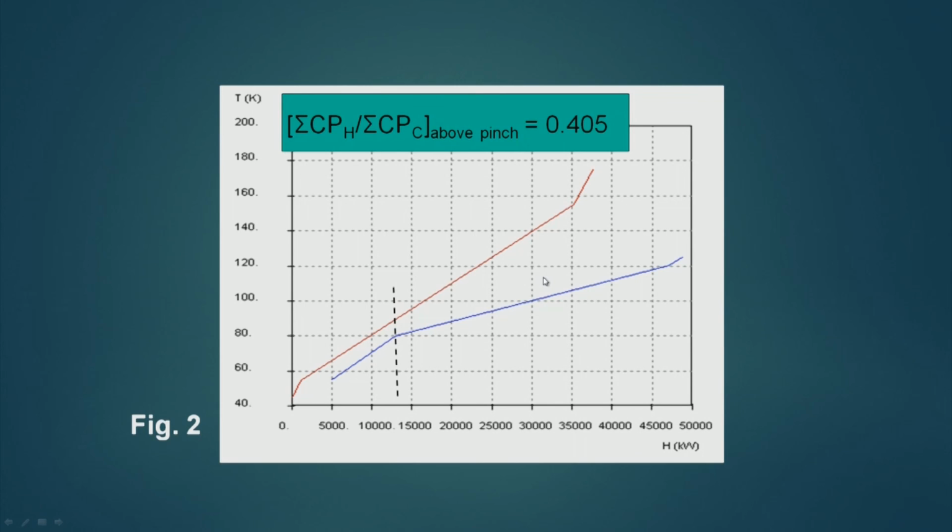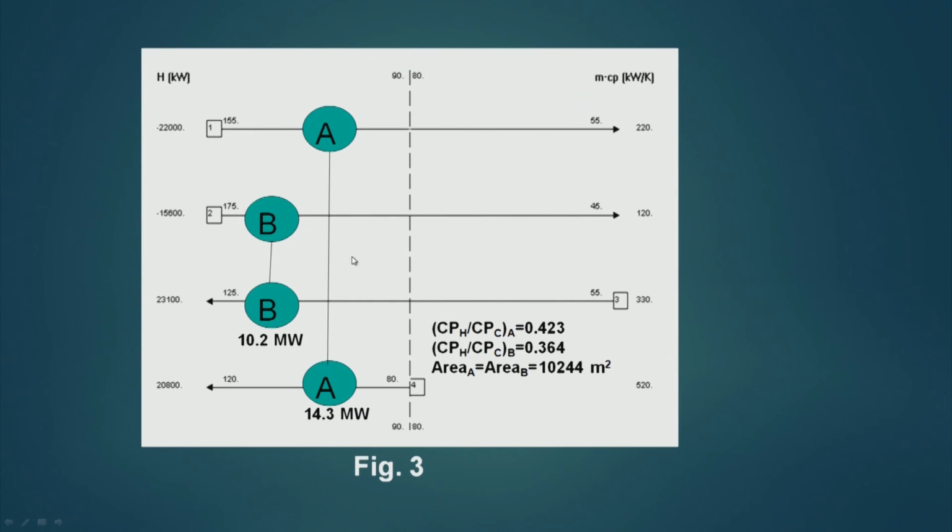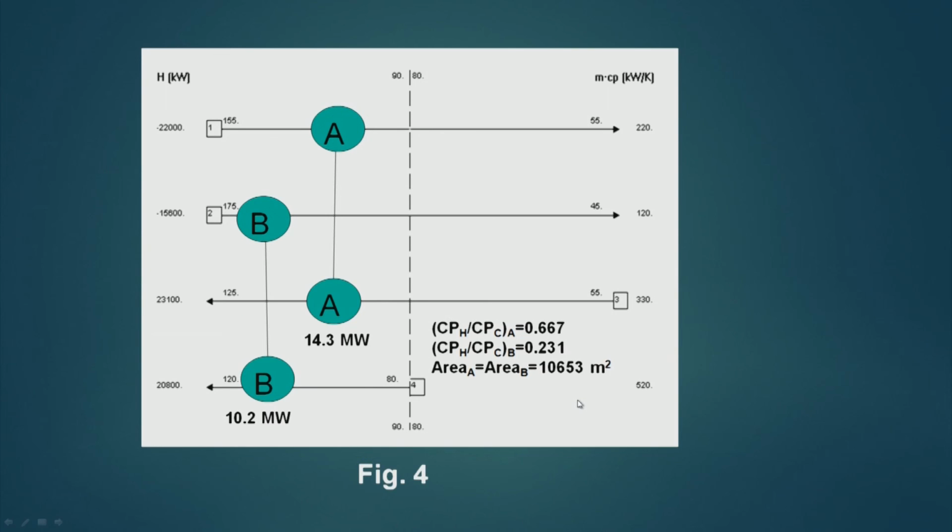Now, if I see the first case, here the ratios are somewhat near to that value, composite Cp ratio values, and that is why area A plus area B is equal to 10244. But when these ratios deviate much, as in this case, then the area A plus area B is 10635, which is far more. So, the placement of match like this is not correct.